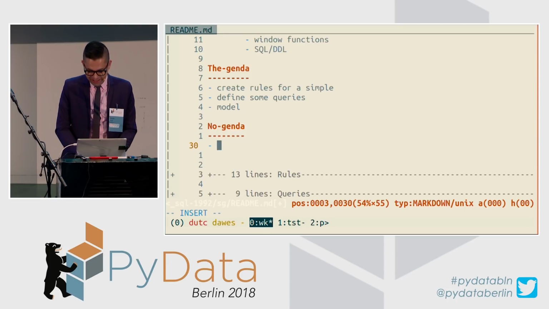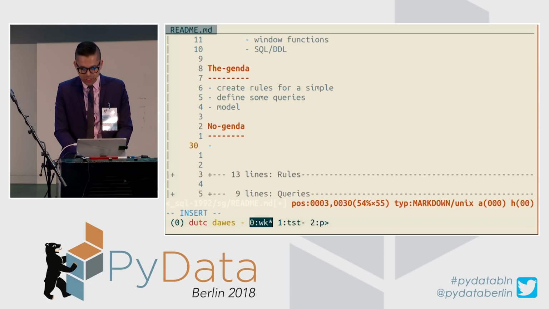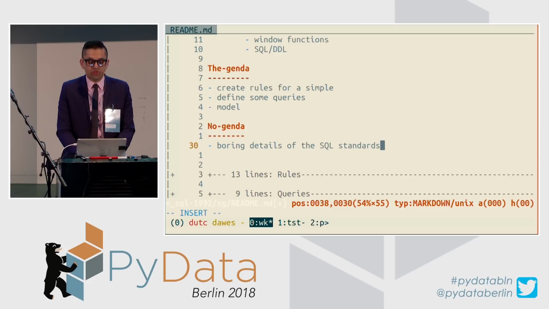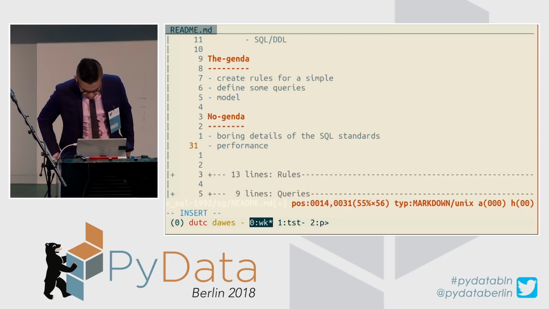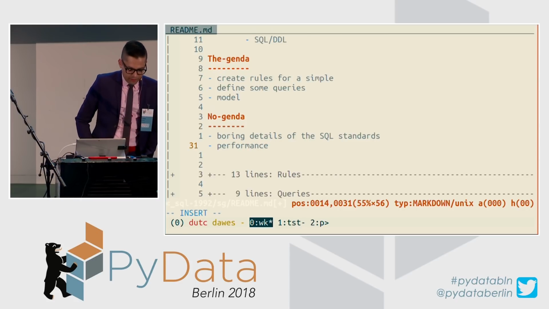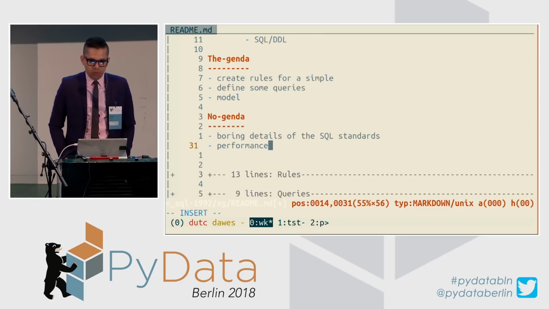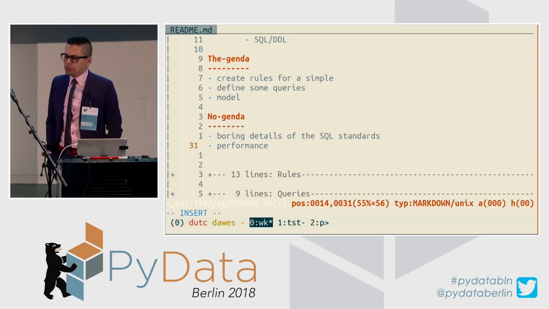The no-genda is to talk about things which I don't think are actually that interesting, such as the boring details of the SQL standards. They are excruciatingly boring documents, and there are many, many of them. Things like performance. One of the reasons I think people still like SQL is not that it's necessarily more performant, so much as that the performance of SQL is well understood.